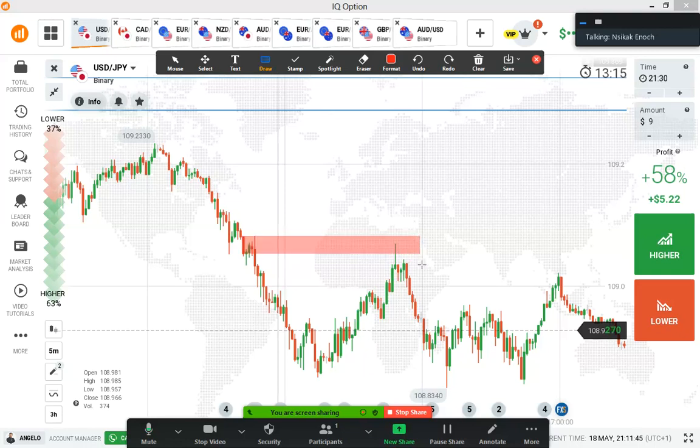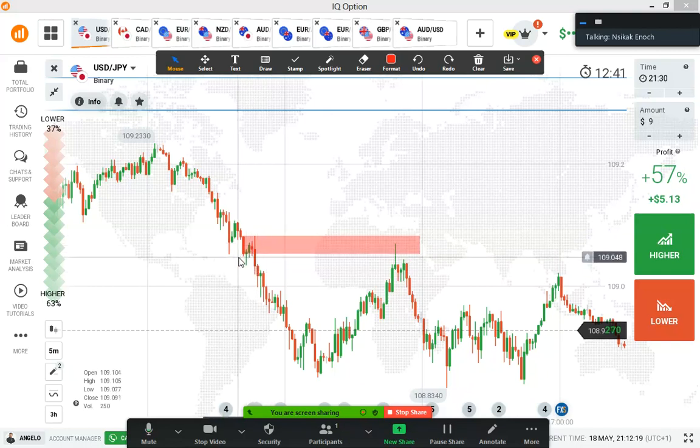Okay, from the open of the bullish candle to the highest wick before the drop, that is my supply. If it is only one single candle supply, it should be from the close of the bullish candle to the highest wick.